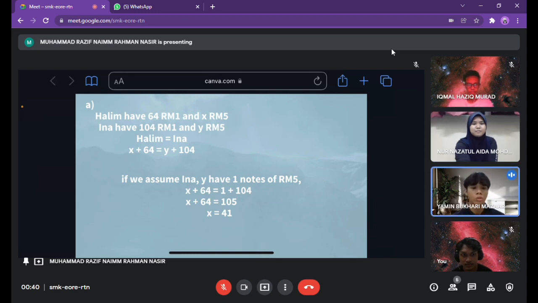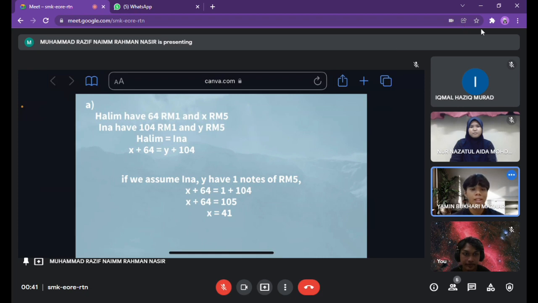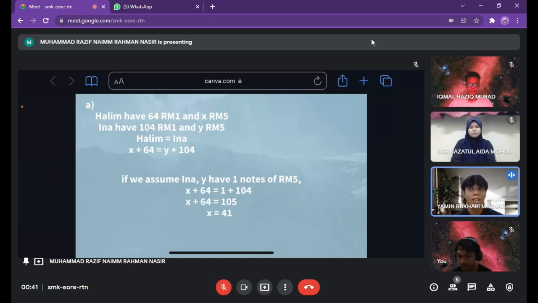Alright, so we are going to move to the first question. The question asks, who has more money in notes and by how much? We can consider Halim as X and Ina as Y. For this question, we are going to use an assumption as a way to solve our problem. From the statement given, we know that Halim has 64 pieces of 1 ringgit and X pieces of 5 ringgit.